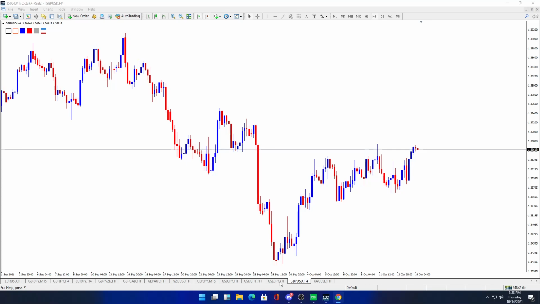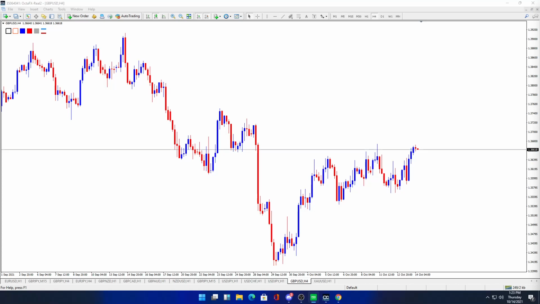Okay, let's go to the GBP, pound sterling against USD. First of all, we have to find the direction before we enter the market.